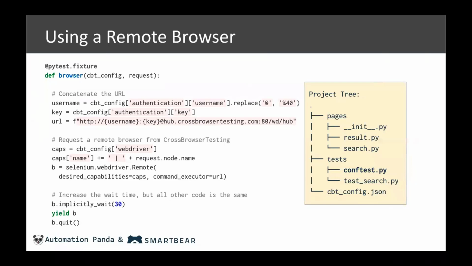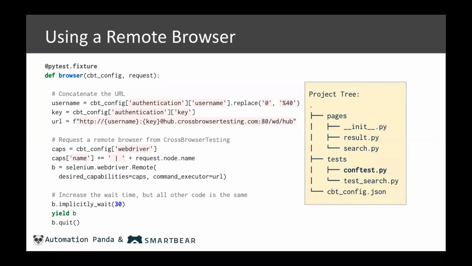With the URL then, we'll need to make the actual request for a remote WebDriver. And that's in the second paragraph here. So I read in my capabilities, I tweak the test case name using my pytest request, meaning the test case's node name, and then the Selenium WebDriver remote call with my desired capabilities and my command executor URL will do the work to make the request out to the cross-browser testing hub.